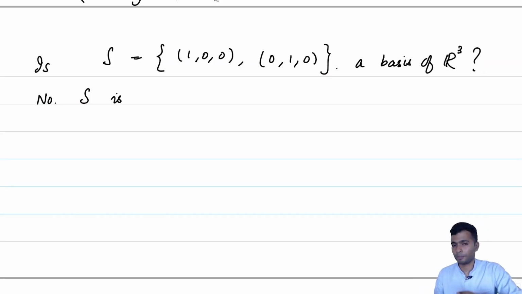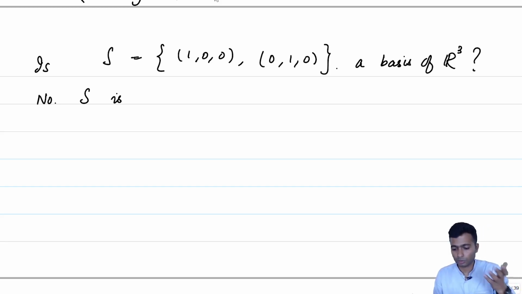However, the previous week's theorem tells us that if you throw out an element from a spanning set, the span reduces. It will become a strict subspace of the span of S. In this case, the span of S was the entire vector space. If you throw out one of them, then it has to be a strict subspace.